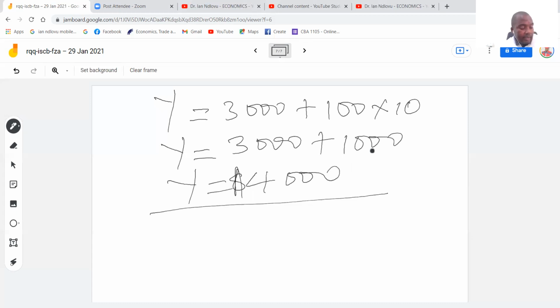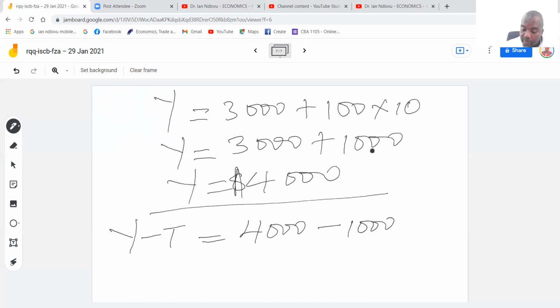And then we are asked to calculate quite a number of things. We are asked to calculate also disposable income. Our disposable income, Y minus T, is equal to this 4,000 that we have just obtained minus 1,000, which is our level of taxation in this simple closed economy, which gives us 3,000.